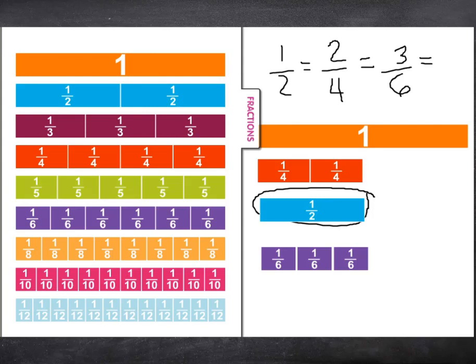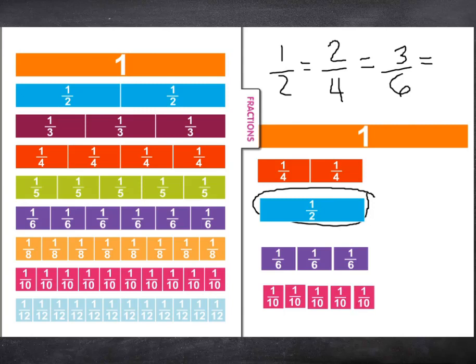If we divide the unit into 10 equal parts, the middle is exactly half of 10, which is 5, right? So I'm going to take 1, 2, 3, 4, and 5.